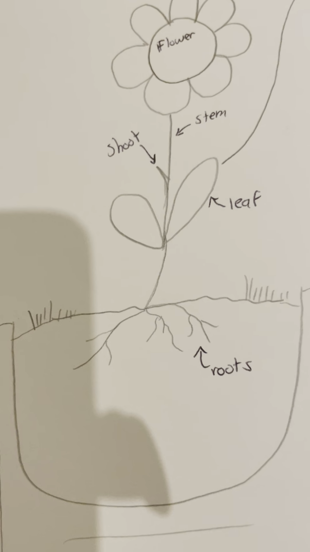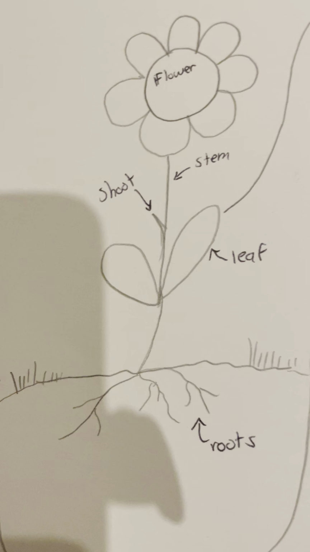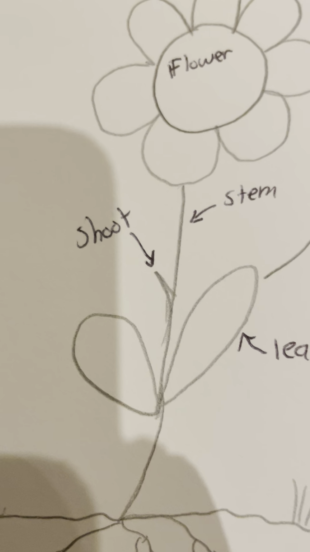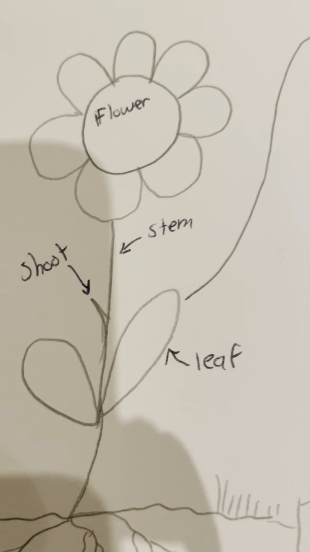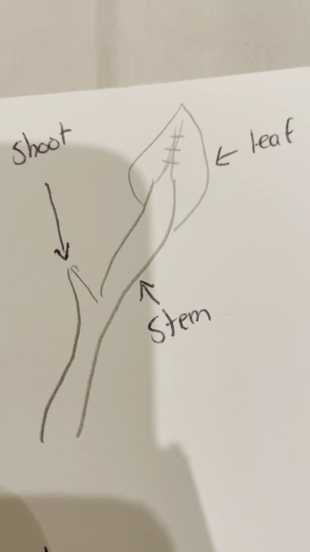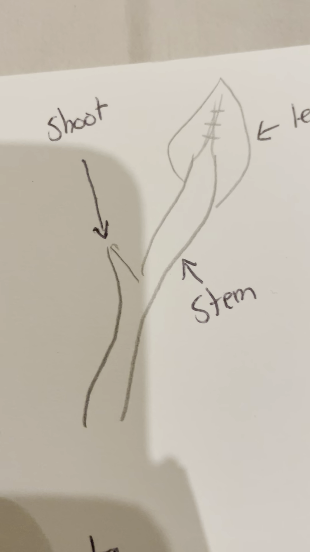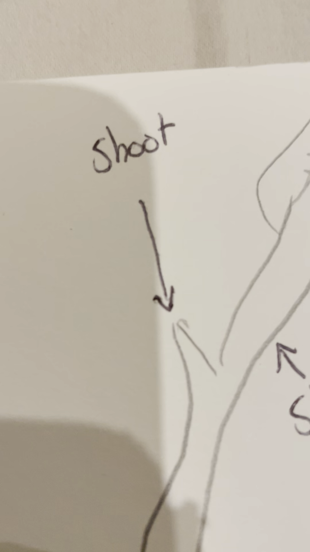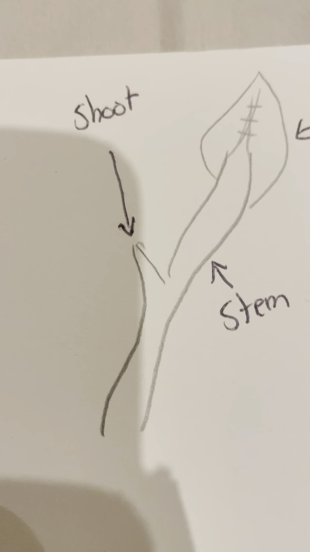On your average plant, you'll have a shoot, which is where your flowers come from. They come off shoots. And in a plant, your meristem or stem cells are found at the growing tip of these shoots. They're also found at the bottom of your roots.